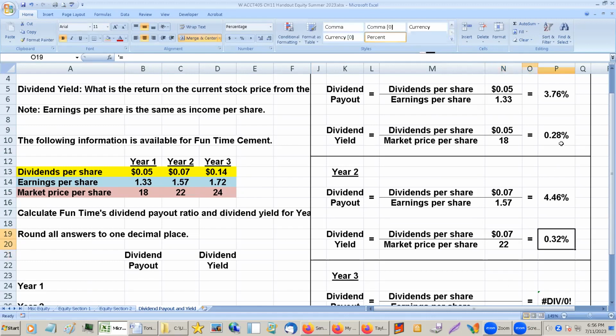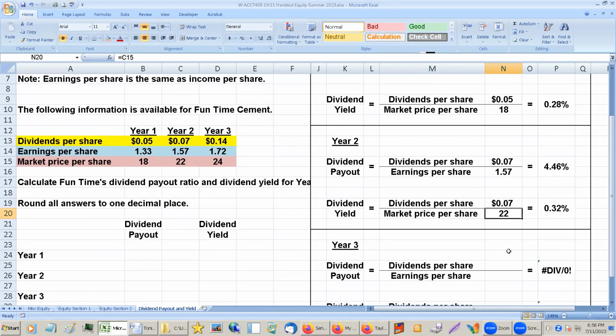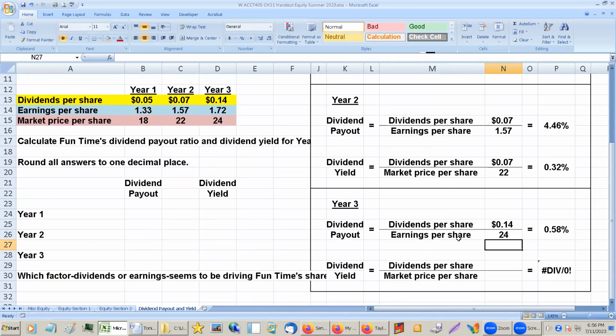And it's going up a little bit. The dividend payout is going up a little bit, a little bit higher payout. And we come down here, and it jumps up even again.